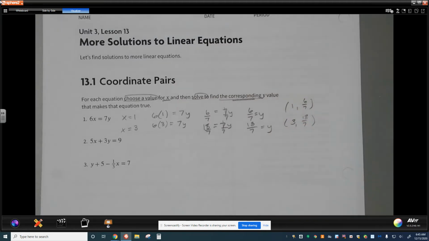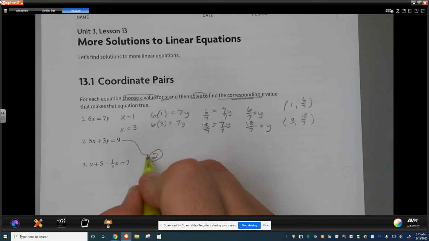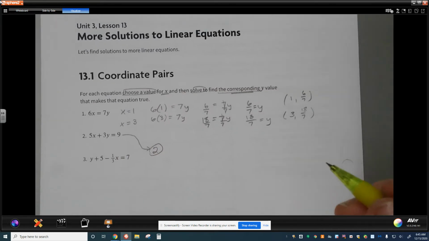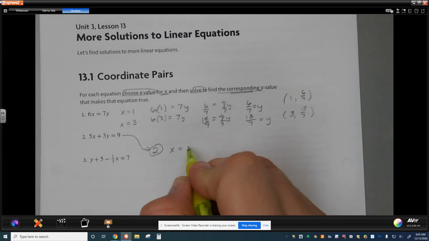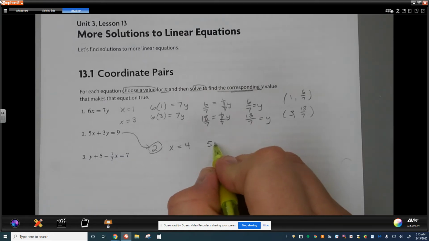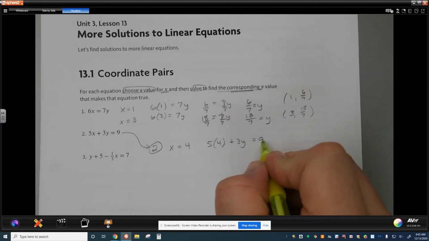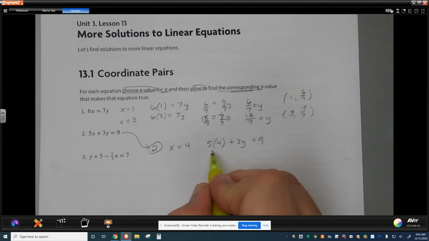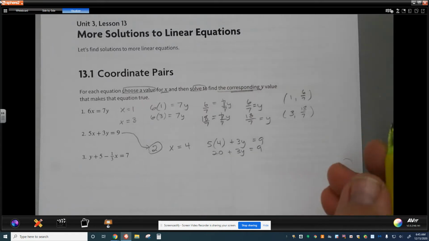Okay, let's go ahead and look at the next one. Let's pick a value for x. I'll work on number 2 down over here. Let's pick a different value for x. Let's say x equals 4. When x equals 4, I simply substitute: 5 times 4 plus 3 times y equals 9. 5 times 4 is 20, plus 3 times y is 9.